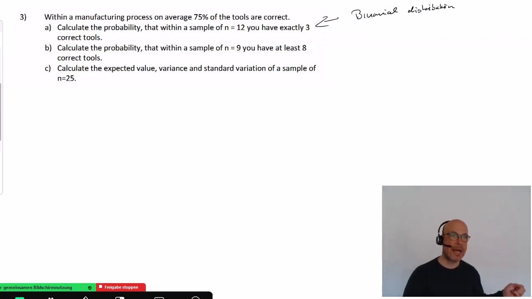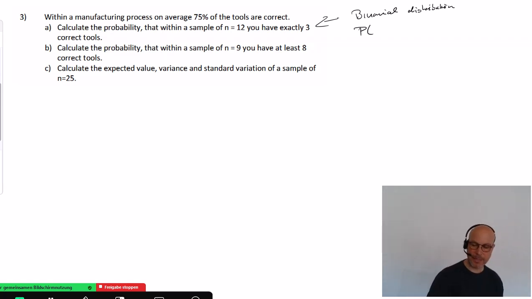And there we had just the probability that out of n, a sample of overall n things, here tools, is binomially distributed. So if X equals some number k, this would be n over k times probability p to the power of k times (1 minus p) to the power of n minus k.